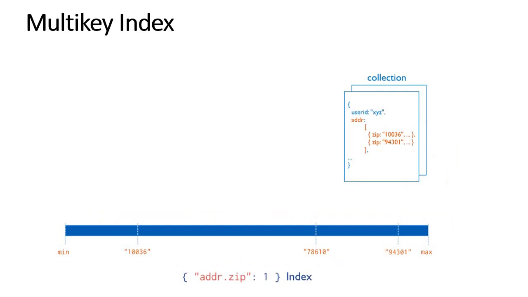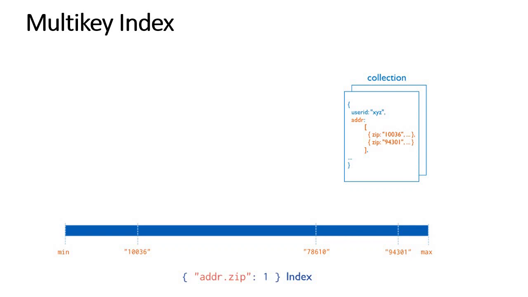There are different types of indexes. The third is the multi-key index. MongoDB uses multi-key indexes to support indexing the content stored in arrays.